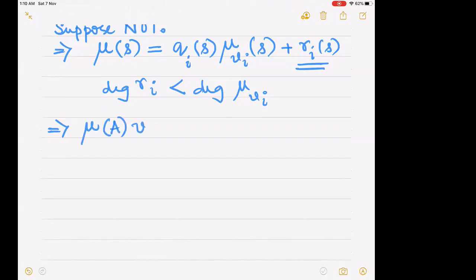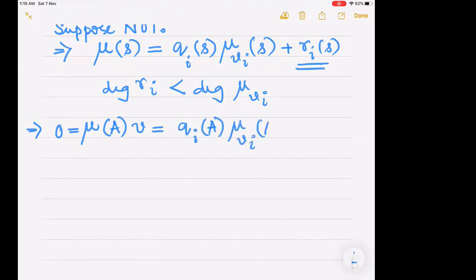So I can write 0 is equal to mu(A) v, that must be equal to qi(A) mu vi(A) acting on v plus ri(A) acting on v. Which v? Not any old v, but let's say vi.